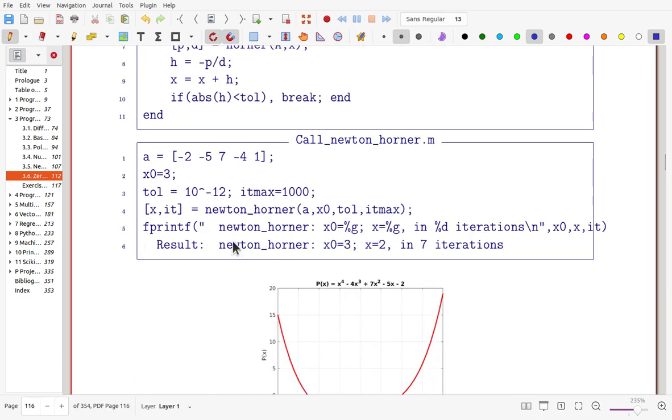We can print it out, and the result is Newton-Horner starting with 3, and the final point is 2 in 7 iterations. The Newton method converged in 7 iterations for the tolerance.